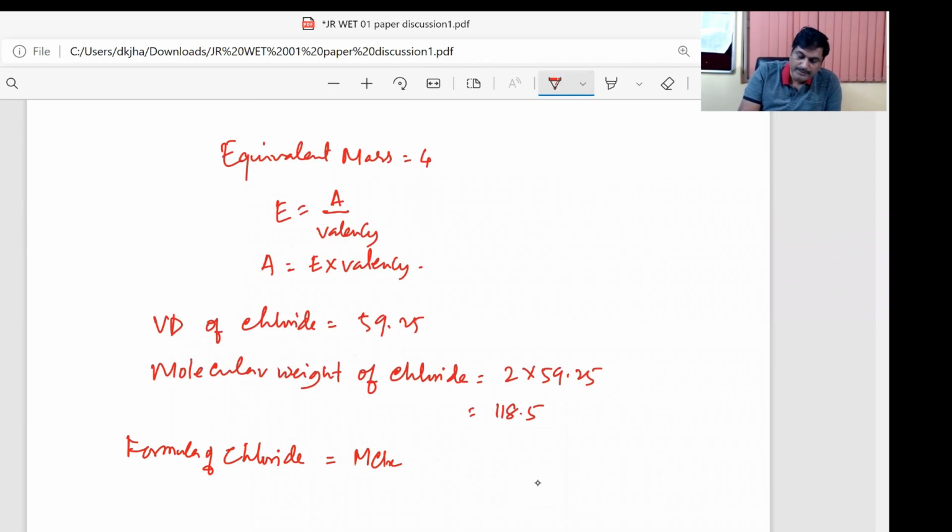The molecular weight of MClx: atomic weight is A plus 35.5 into valency x is equal to 118.5.